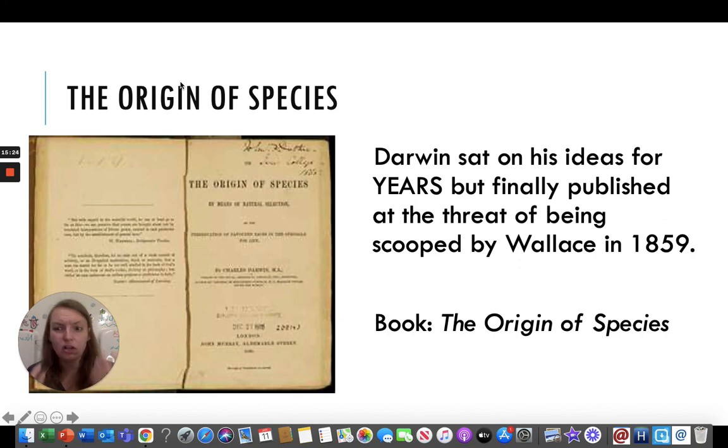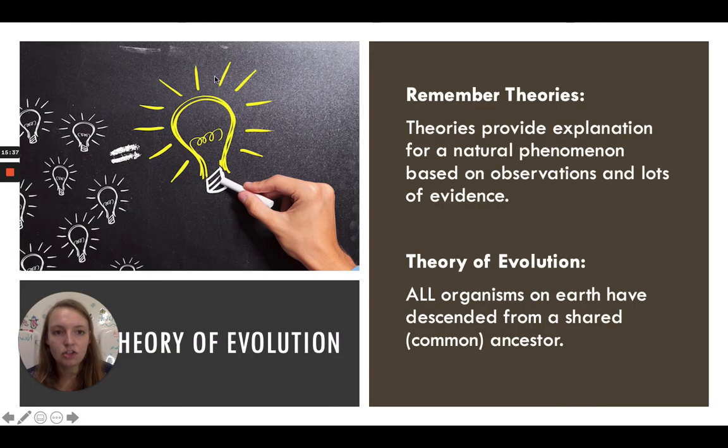All right, so it has all of his ideas about evolution, and he does give Wallace some credit because Wallace came up with his ideas separately, all by himself, but they're the same idea as Darwin's.